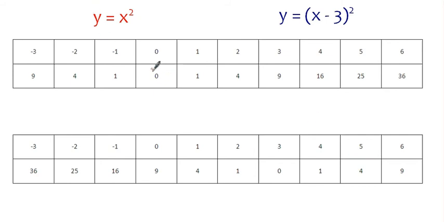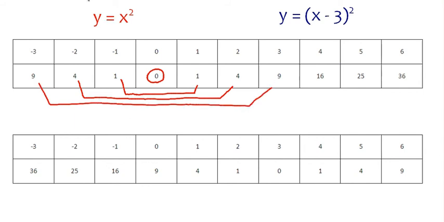Okay, now let's look at the y values in each table and see what we can learn. 0 occurs exactly once, and each other y value occurs twice and is symmetrical around 0.